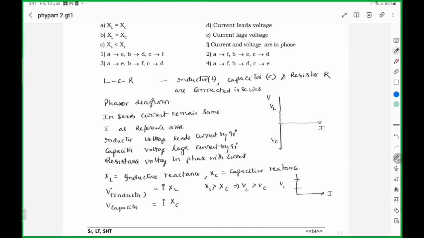Here it is VL minus VC. So here voltage across the resistor is along reference axis. The resultant voltage will be this. So in this case, voltage leads current by an angle phi.